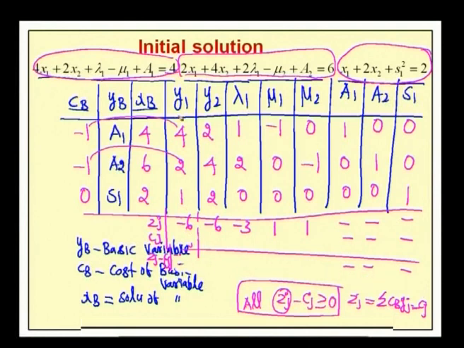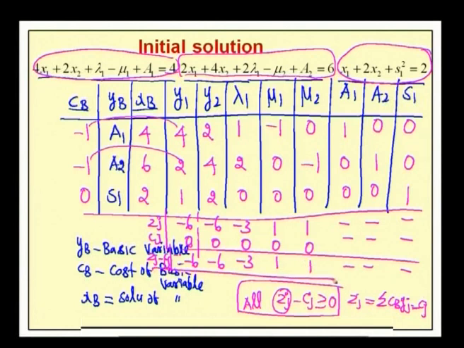Now, the cost of the variable x1 is 0, cost of x2 is 0, lambda 1 is 0, mu 1 is 0, mu 2 is 0. So, from this we get Zj minus Cj as -6 for y1, -6 for y2, -3 for lambda 1, 1 for mu 1, 1 for mu 2.